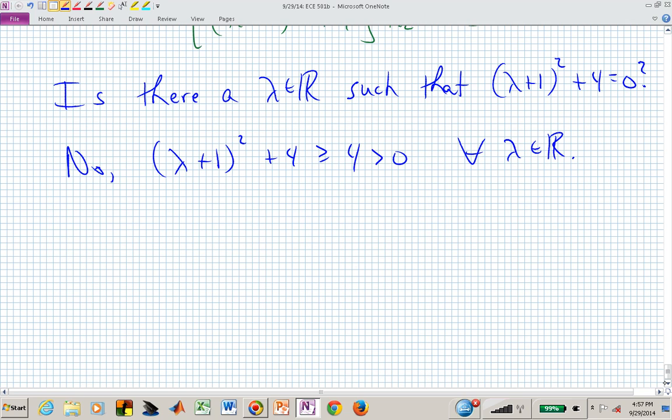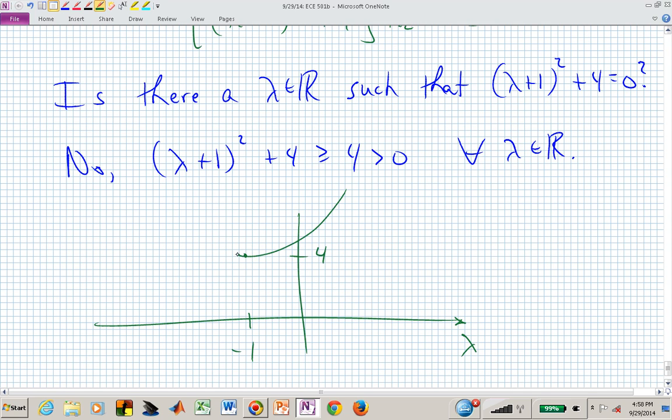And if we simply sketched that relationship, lambda plus 1 quantity squared plus 4 versus lambda, the smallest will occur at lambda equal minus 1. That parenthetical term will then be 0, but we'll still be at 4.